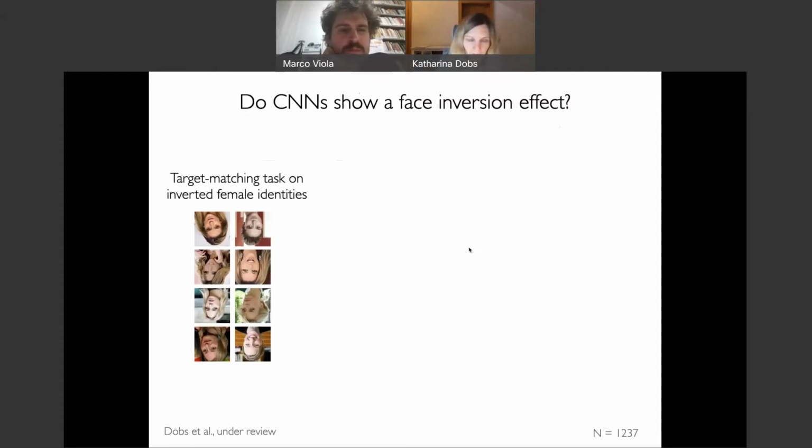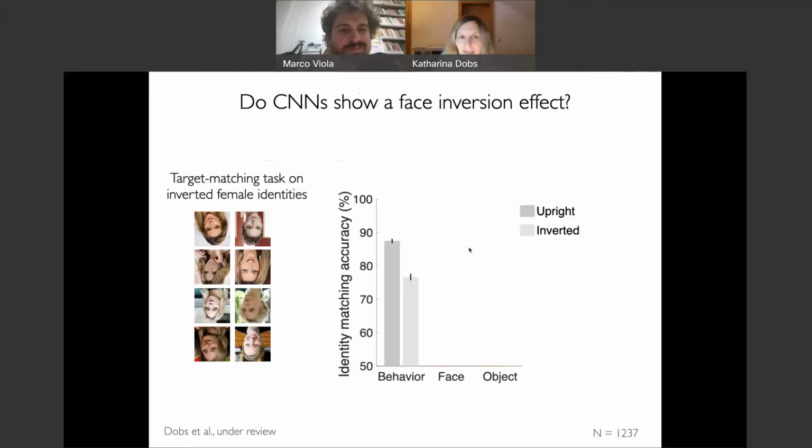There were again around 1,200 subjects on Mechanical Turk. And we replicated the face inversion effect that has been shown many, many times. So in behavior, this was the performance on the upright faces for humans. This is now the performance on the inverted faces. So there's a strong decrement in performance when you do that task on inverted faces.